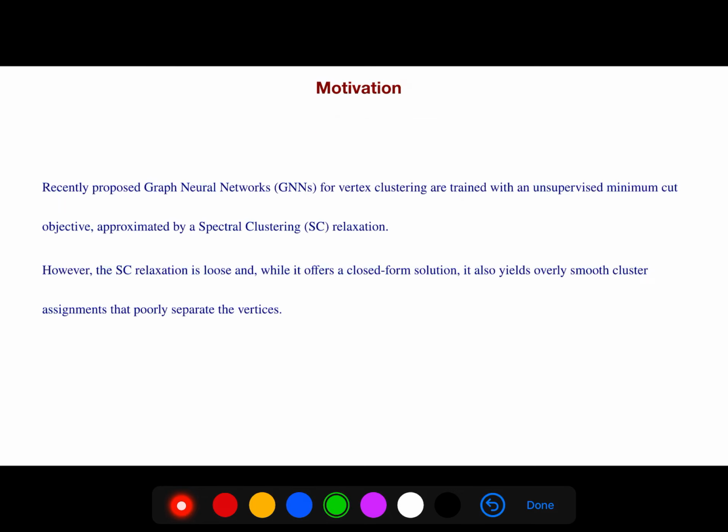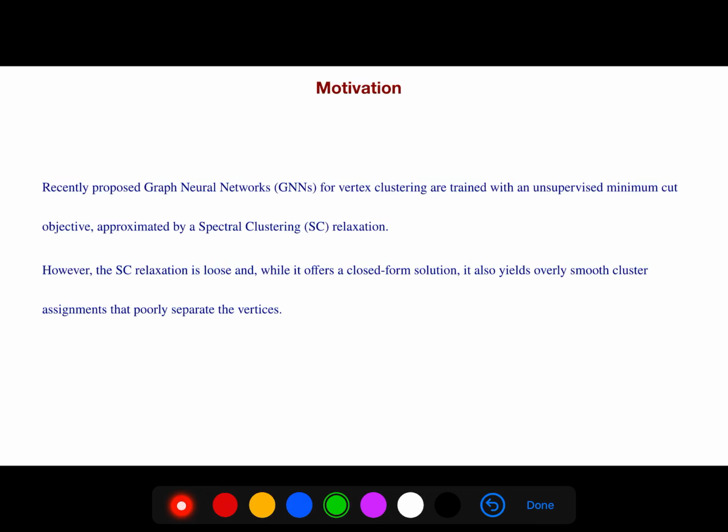Recently proposed graph neural networks for vertex clustering are trained with an unsupervised minimum cut objective, approximated by spectral clustering relaxation. However, this relaxation is loose.